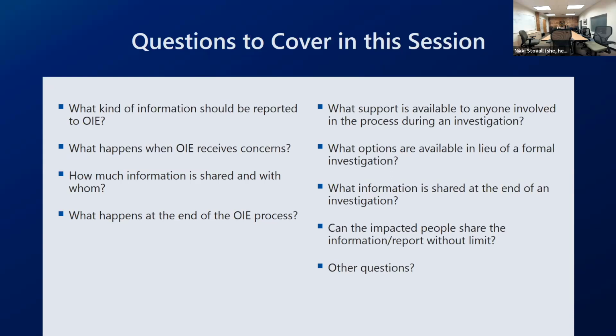At the end of the process, what happens? Types of support and resources that are available to persons that may participate, and options that are available in lieu of a formal investigation. We do things other than just have formal investigations. Information sharing at the end of the investigation. What kind of information can impacted persons share, from what they've experienced, and any other questions that you may have.